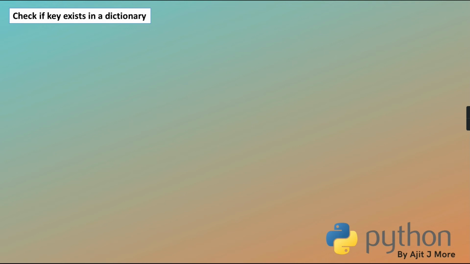Now if you want to check whether a key is present in the dictionary or not, then same like tuple, list and set, here also you can use the in operator, called the membership operator, and that membership operator checks whether a key is present in the dictionary or not.